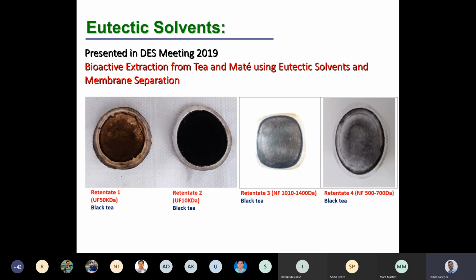At this moment, finally, I have purchased two nanofiltration membranes, and I will finish this work by repeating some sequences, but using these right nanofiltration membranes.